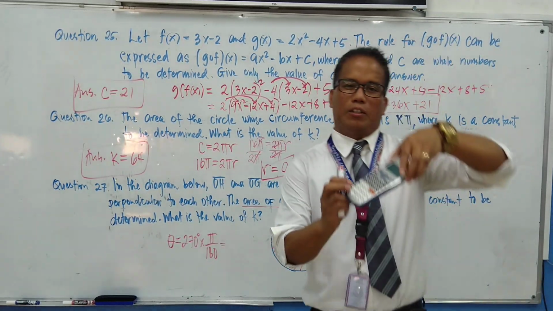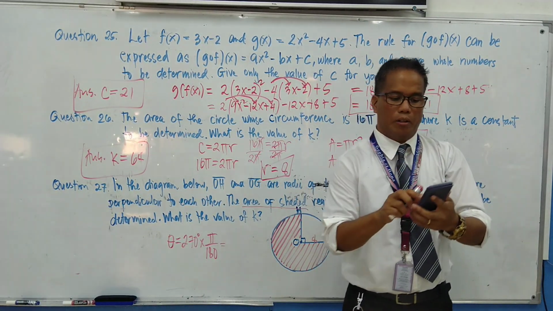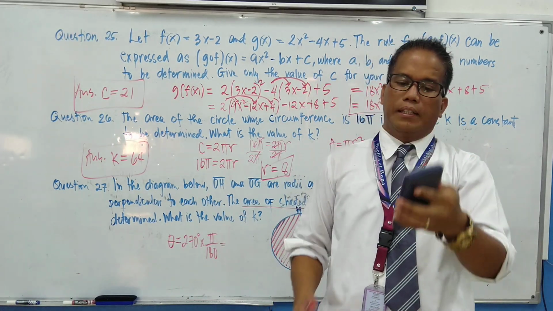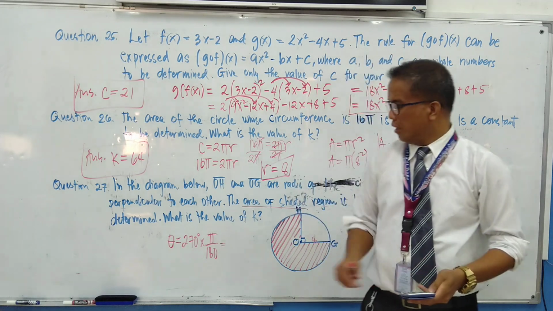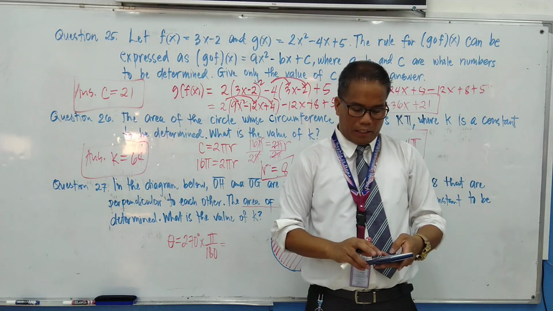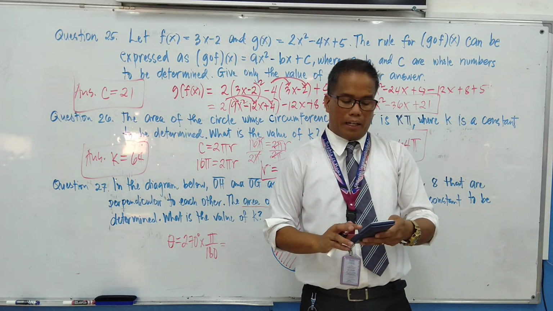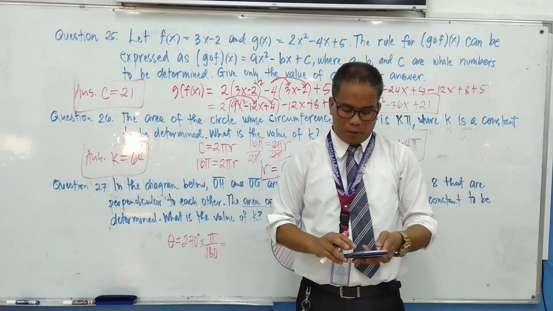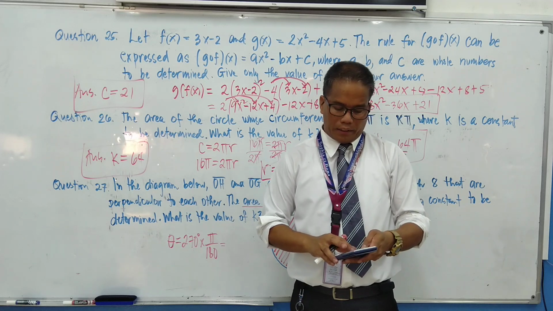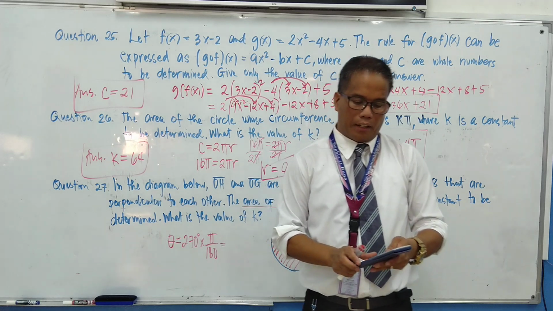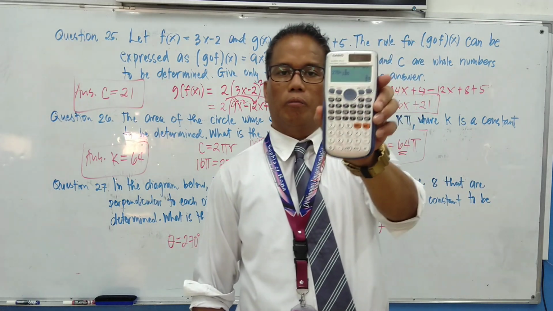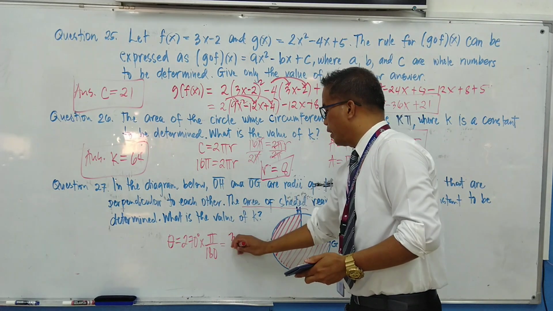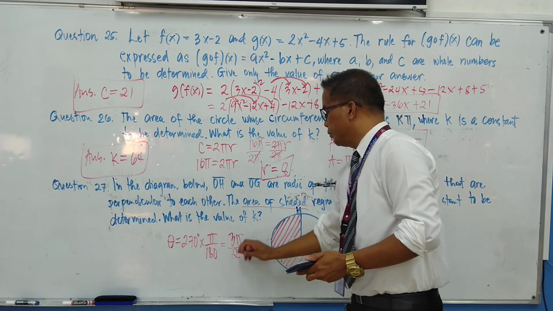I recommend that you use your calculator. I'm using this calculator, FX991ES Plus. So we have 270 times pi over 180. The answer now is 3 over 2 pi, or you can write it as 3 pi over 2.